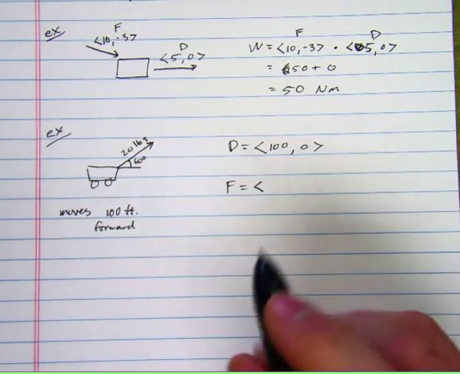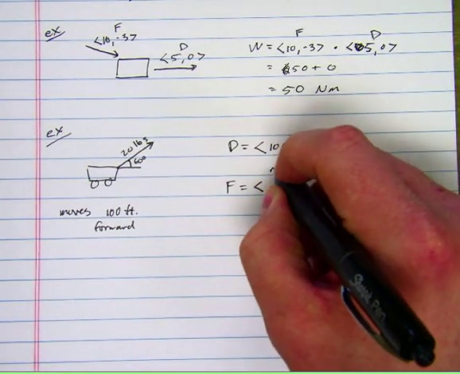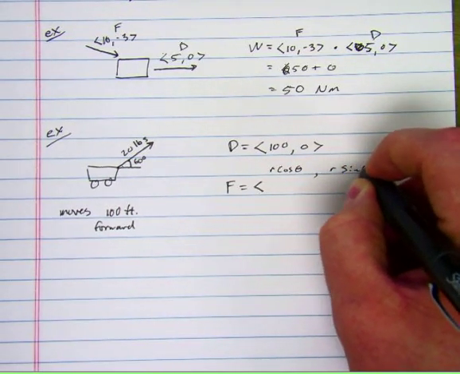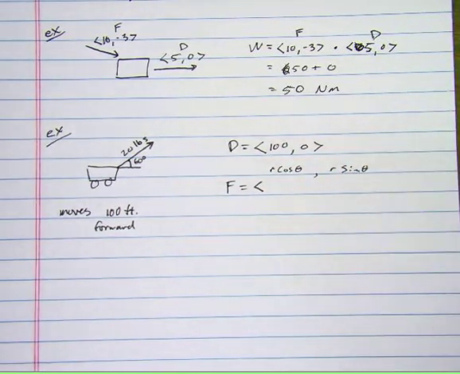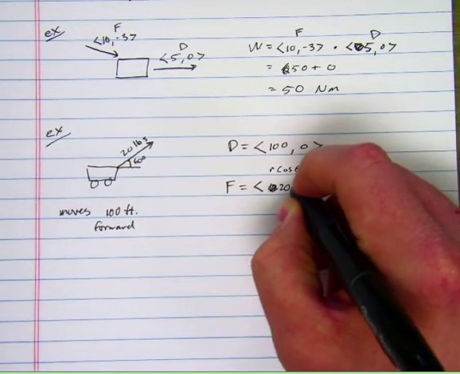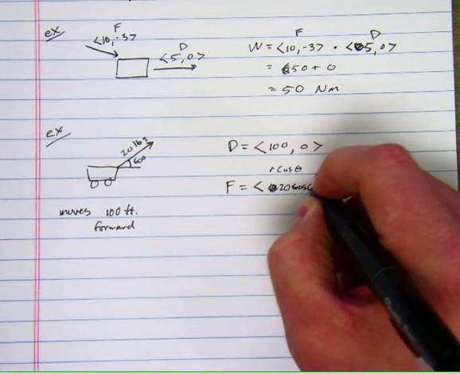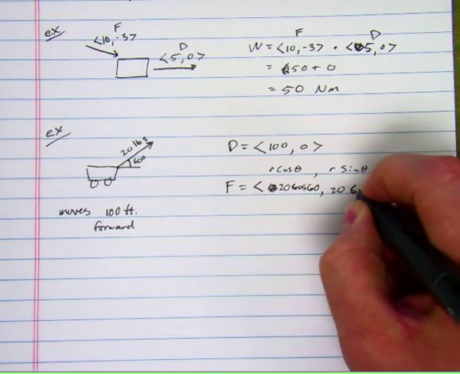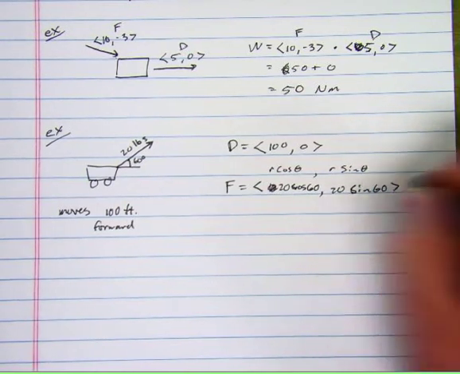But if you remember from back to our trick, you can do r times the cosine of theta for x, and r times the sine of theta to get your y. That's just a quick trick. So I'm going to do 20 times the cosine of 60 to get my x. Then I do 20 times the sine of 60 to get my y.